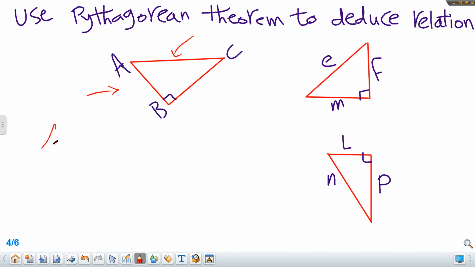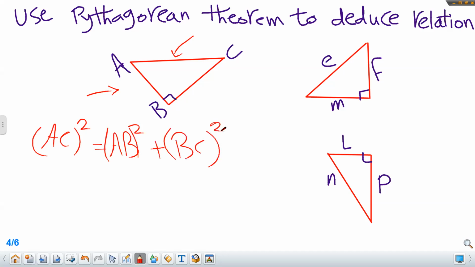So now we can say AC power 2 equals AB power 2 plus BC power 2, because in the Pythagorean theorem, hypotenuse power 2 equals side 1 power 2 plus side 2 power 2.